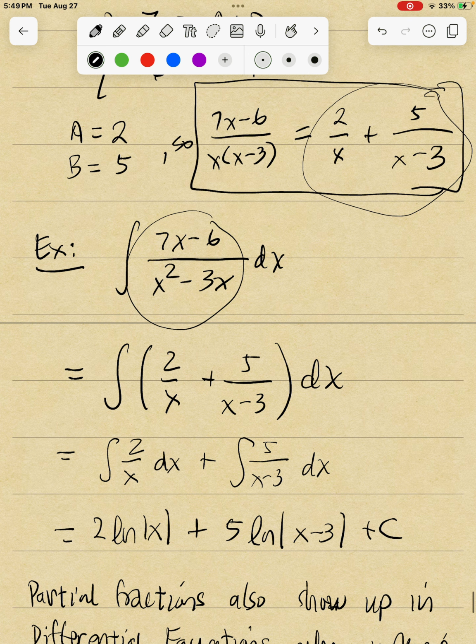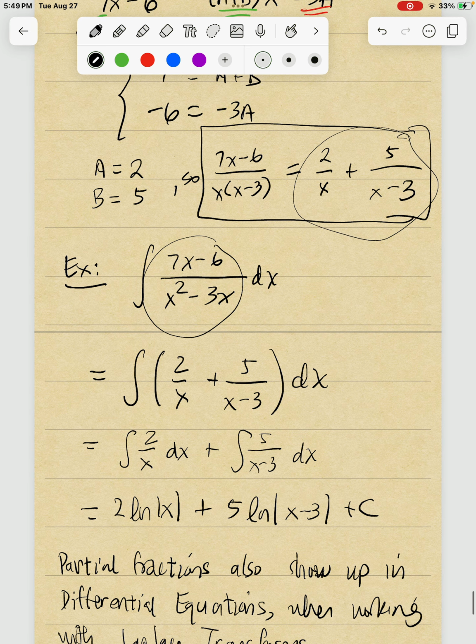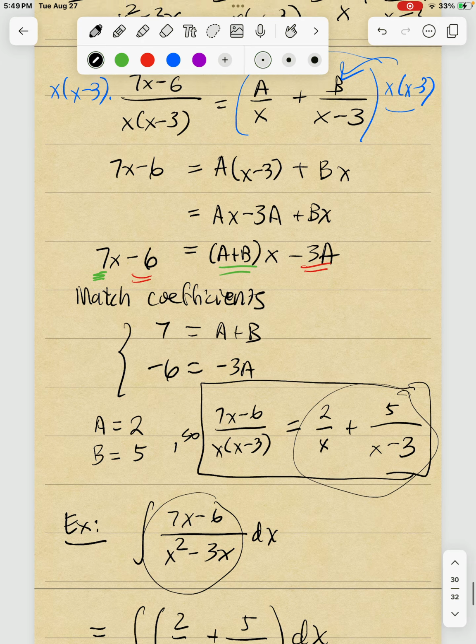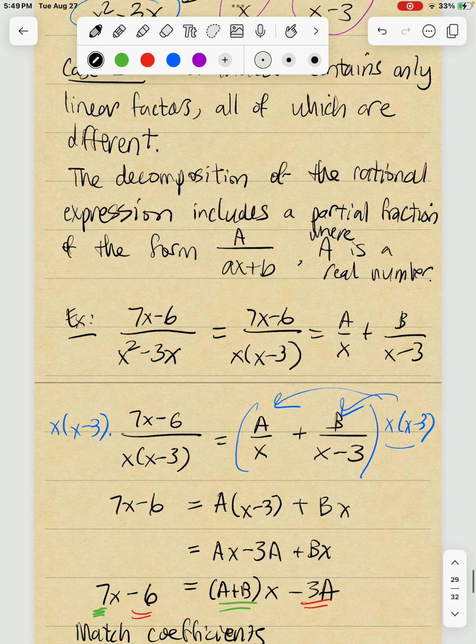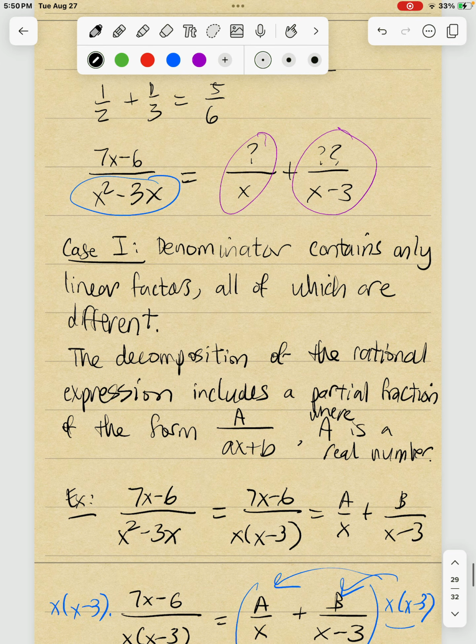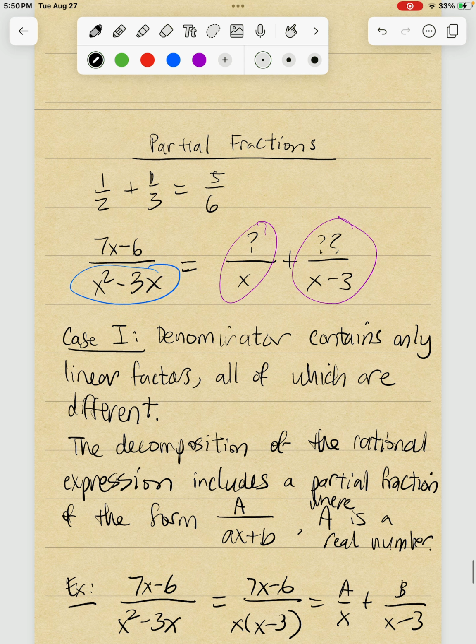Partial fractions is usually introduced in calculus when you get to integration, but actually this is just algebra, right? There's nothing about calculus involved in writing 7x minus 6 over x squared minus 3x as a sum of two rational functions. Okay, so that's the easiest case.